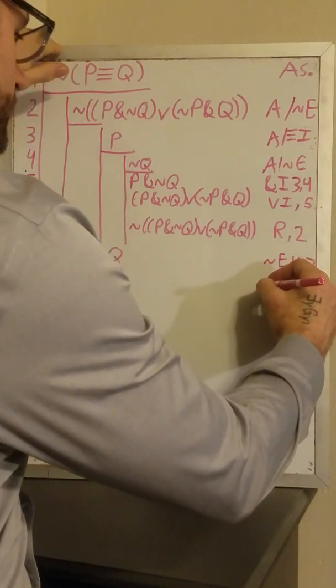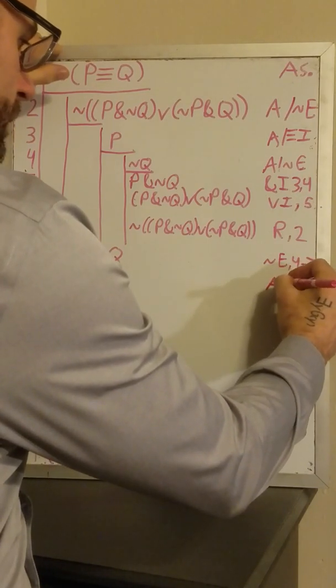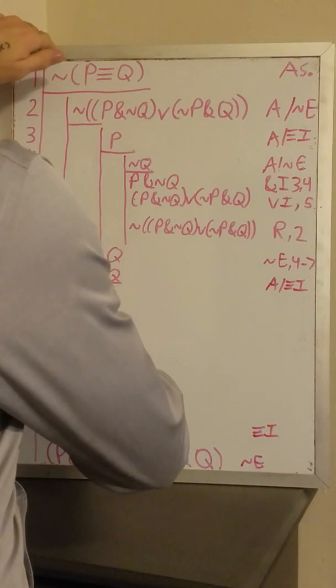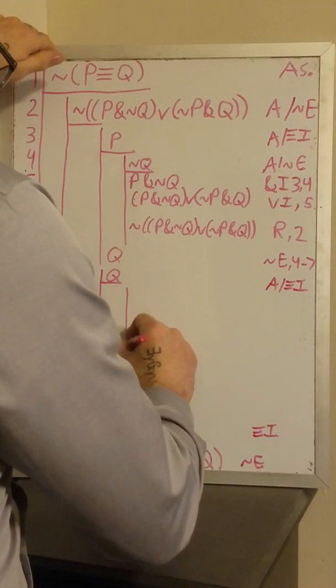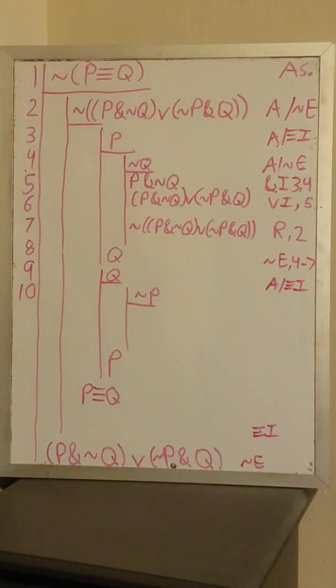It's the assumption of Q for purposes of biconditional introduction. All right, line 10: we're going to assume not P for purposes of negation elimination.